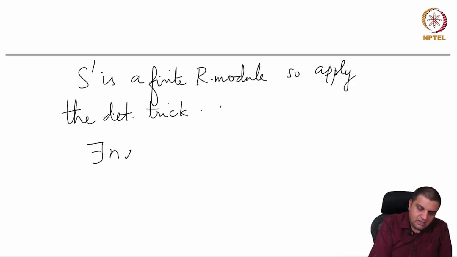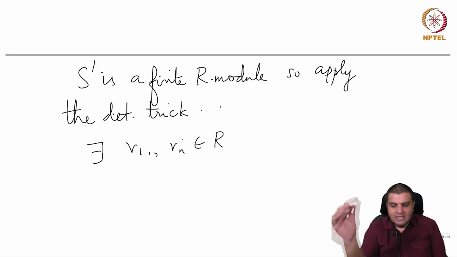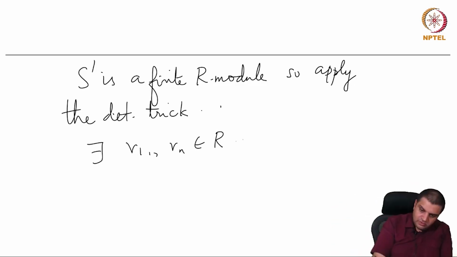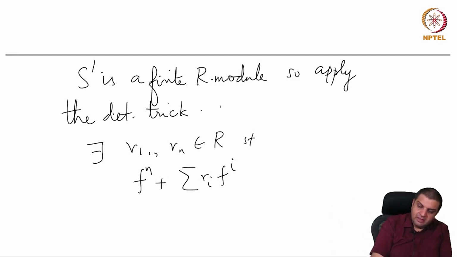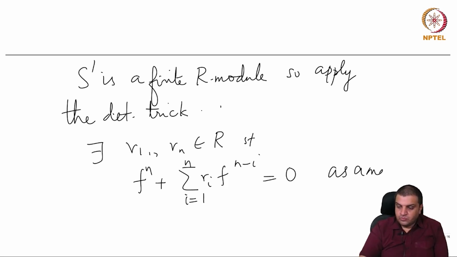There exists an n, where n depends on the number of generators for S prime, such that there exist r1 through rn inside R. If it were inside some ideal, we would get some extra conditions on these, but here we are just taking the unit ideal, such that f^n plus summation ri f^(n-i), i goes from 1 to n, is 0 as a map, as an R-linear map.